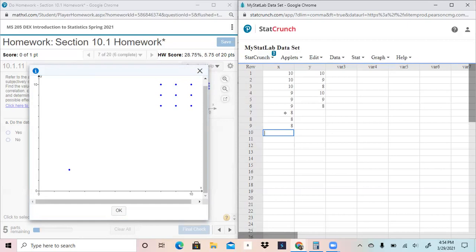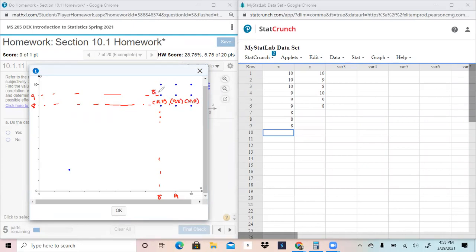If you see where I'm getting this, I don't want to run off and leave you here. This lines up with the 8, the 9, and the 10. These likewise line up with the 8, the 9, and the 10. So this is the point 8, 8. This is the point 9, 8. This is the point 10, 8.